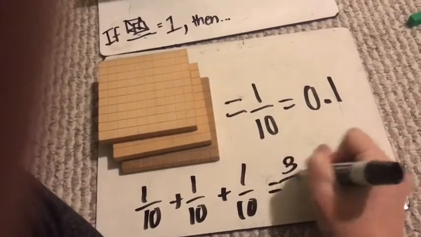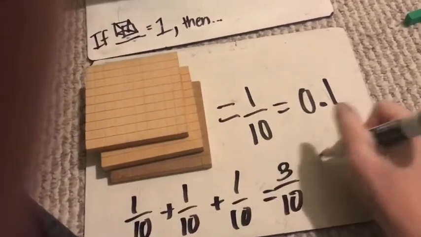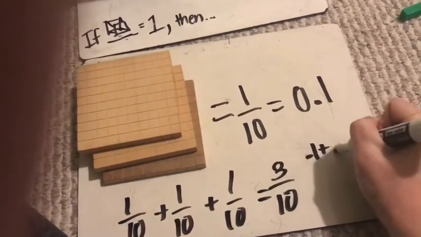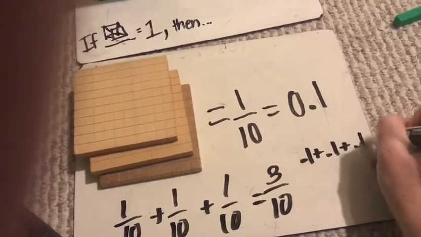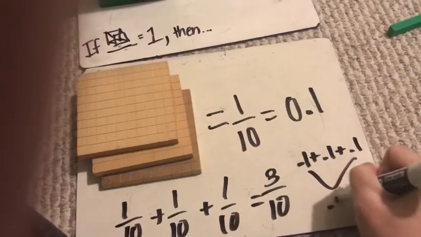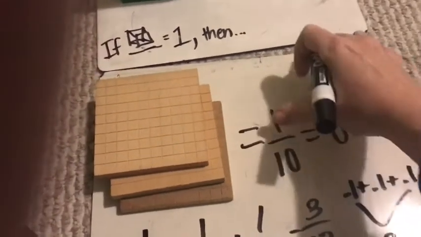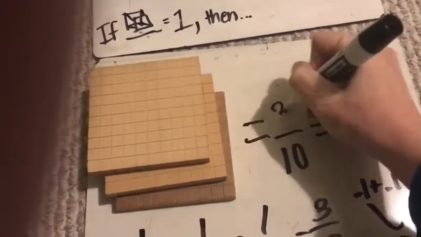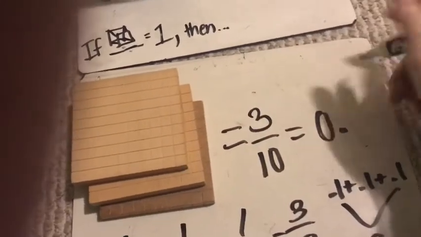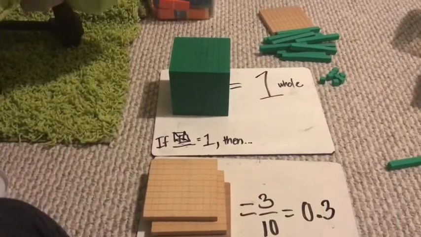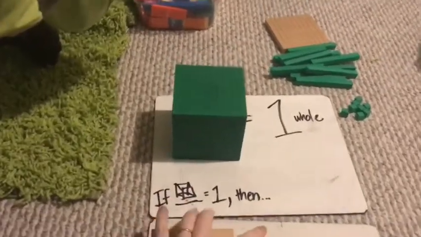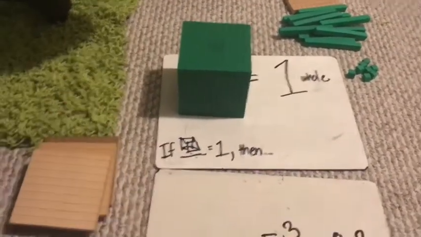That would be 3/10, right? Or I could say 1/10 plus 1/10 plus 1/10 is 3/10. So I can change this to match what I got going on. Make sense?